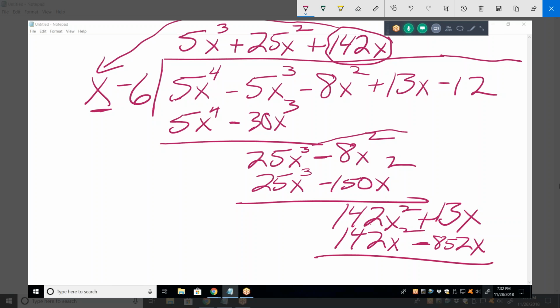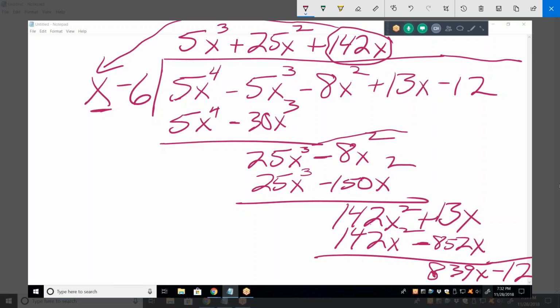So then that would be 0, and I never write that 0 because it's always 0. Then 839x. Next step: bring down the 12. It's minus 12.